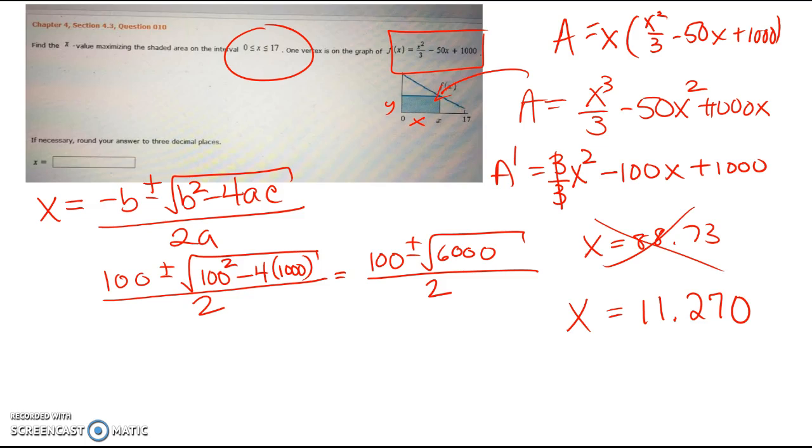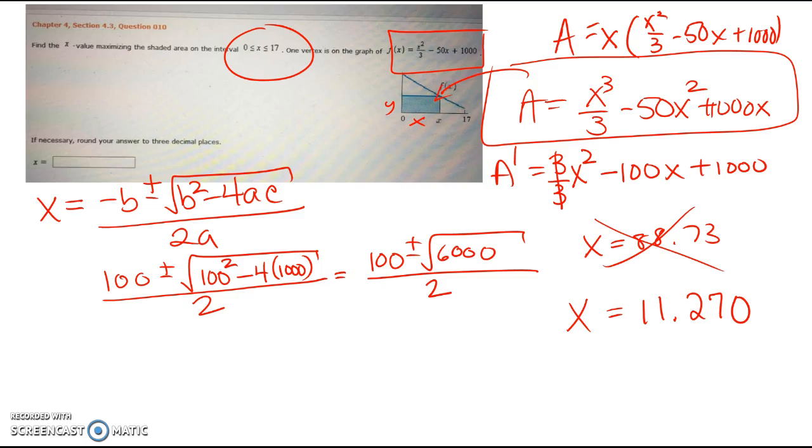And that should be maximizing the area. One way to test it out is to take this area function and graph it. So I'm going to graph the area function for a second. It looks like this: x to the third divided by 3, minus 50x squared plus 1000x.